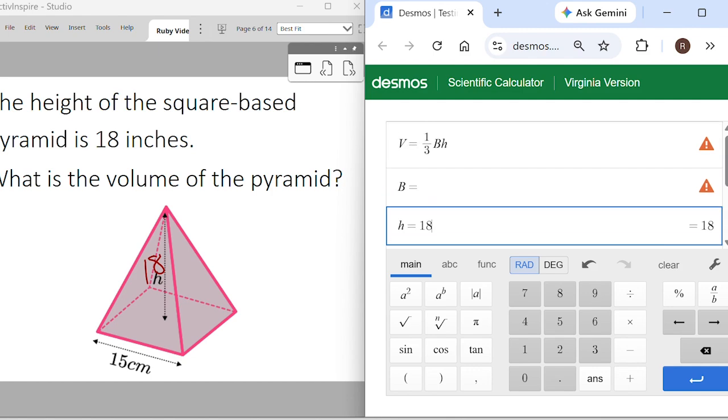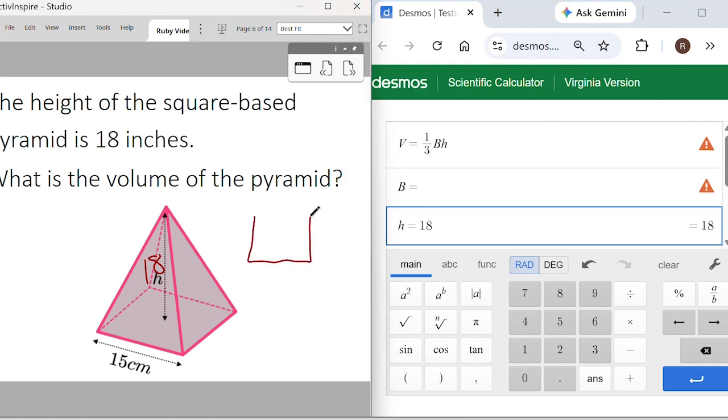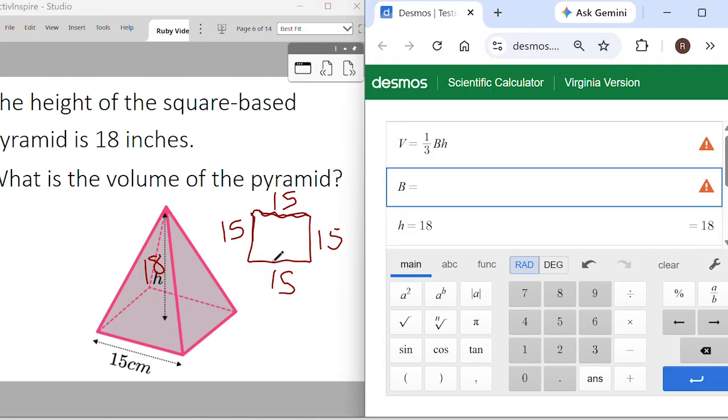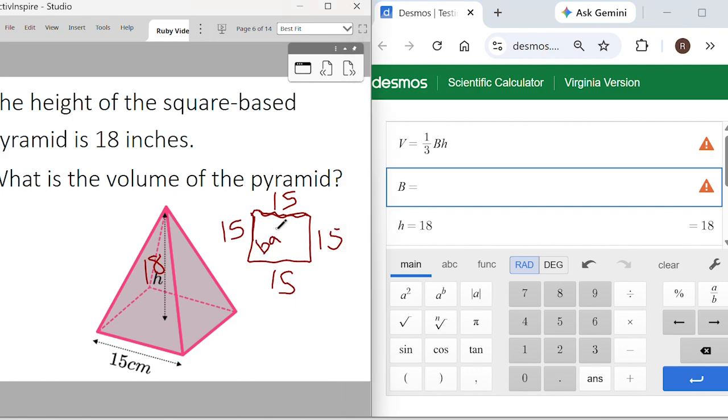That is the height. Now for my base. Again, this is a square base, so I'm going to draw a square, as best I can. And I see down here at the bottom that the square is 15 centimeters on one side. So that means it's 15 on all four sides because, again, it is a square. Now, how do I find the area of the base? Let me write base here. I've been doing that and I don't want to be inconsistent.